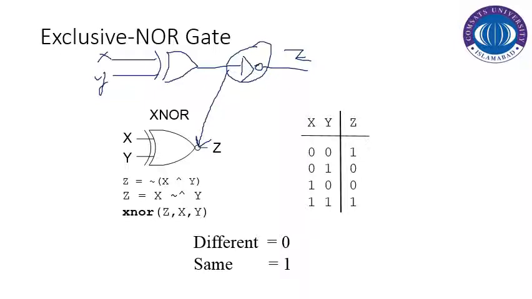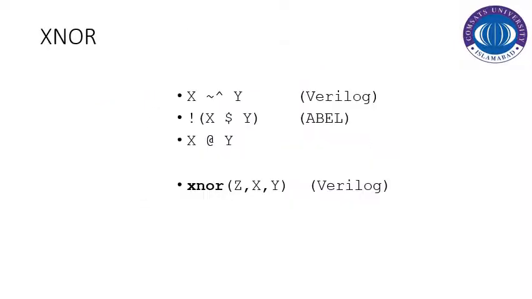So you can see that if the inputs are the same, the output is 1. Basically we are generating the complement of this exclusive OR, and if the inputs are different from each other, the output is 0. Okay, so that is the exclusive NOR gate. These are some representations of the exclusive NOR gate in different platforms.